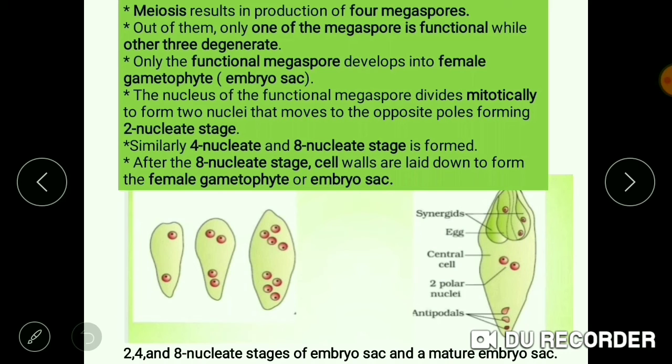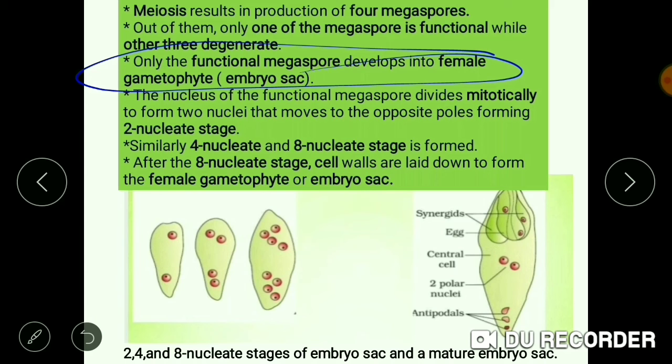Till now, we studied that a megaspore mother cell has undergone meiosis and has formed megaspore tetrad, out of which 3 degenerate and only 1 megaspore remains functional. Now we move on to how this functional megaspore develops into the female gametophyte.